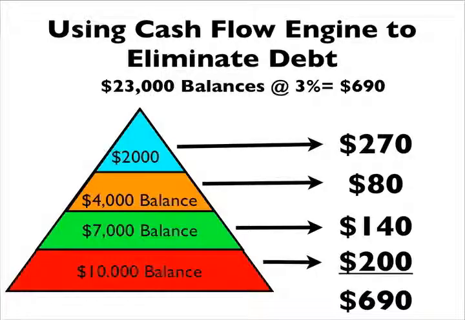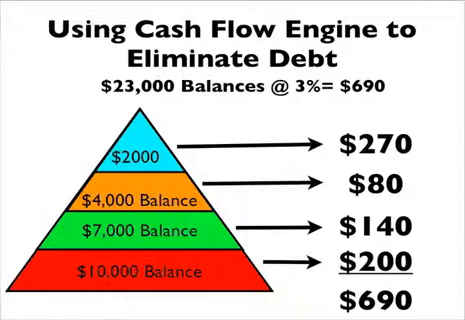So we take this $690 and we pay the monthly minimum payments on all of these accounts except for the smallest balance. The larger $10,000 balance account would be $200, the $7,000 balance would be $140, the $4,000 would be $80, but the smallest balance, we're going to pay all of the rest from the $690, the $270, right to that smallest balance and try to apply against the smallest balance first.